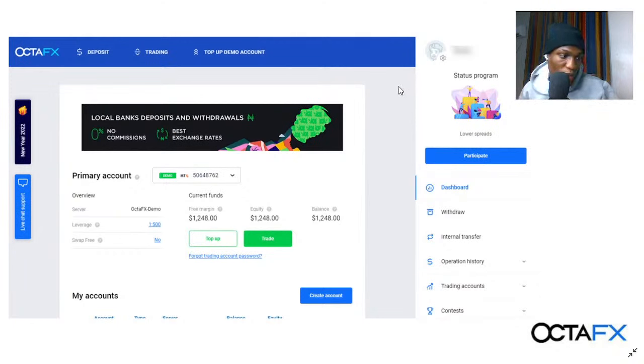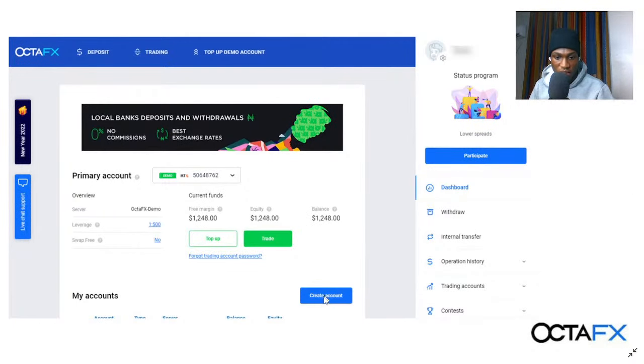What's the minimum trading amount on OctaFX? $40. Okay, so back to how to create a demo account. When you get to your dashboard, or when you create a demo account, your dashboard is going to look something like this.